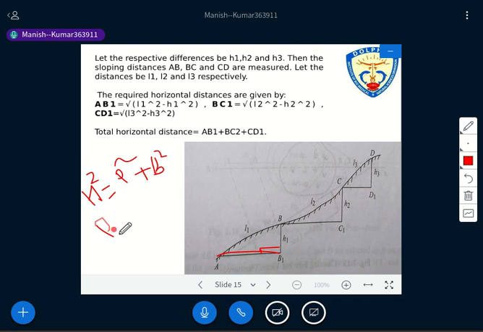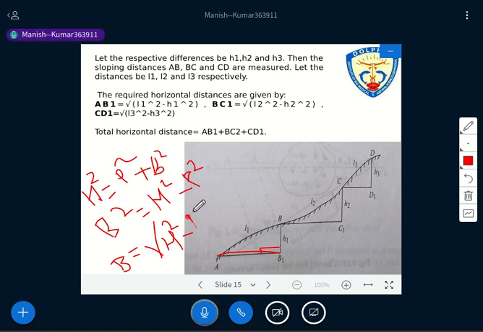B square equal to H square minus P square, or B equal to under root H square minus P square. Is it so? Up to this point the concept is clear, right?